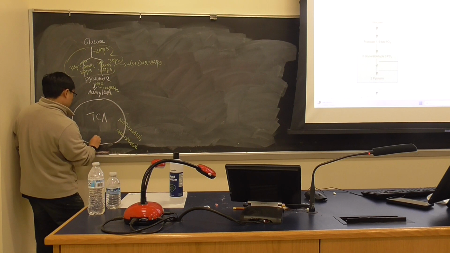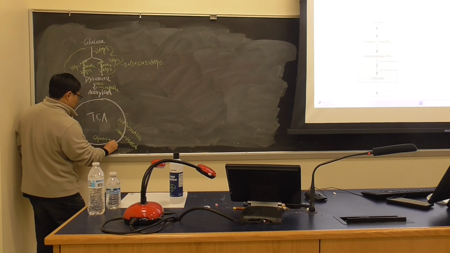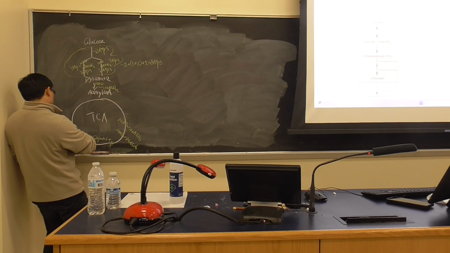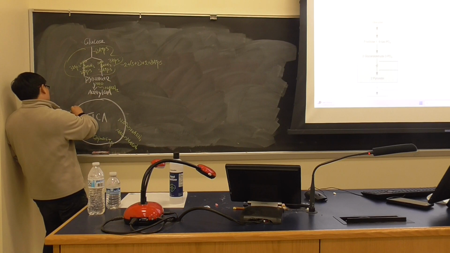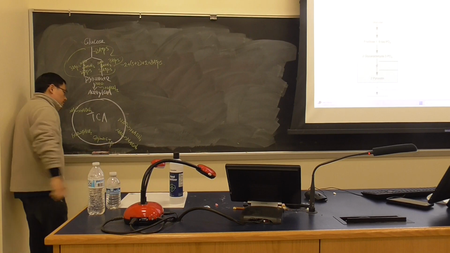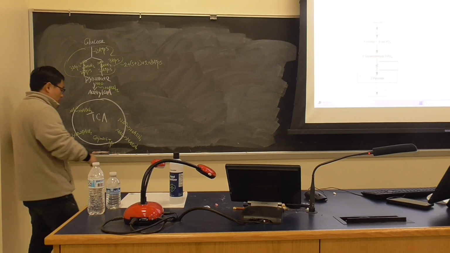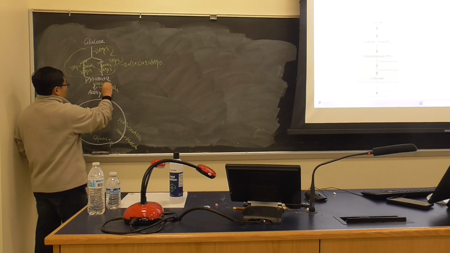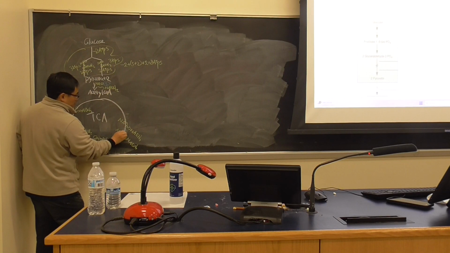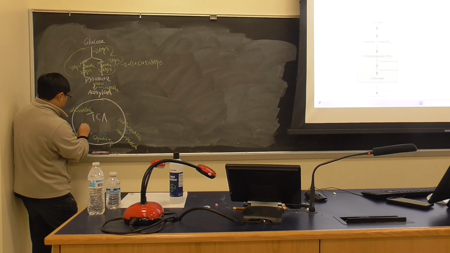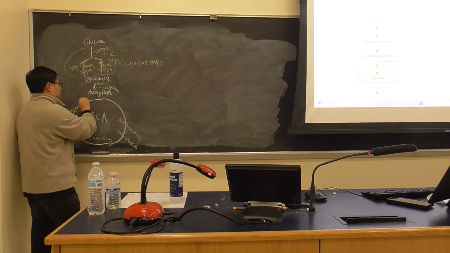There is GDP becoming GTP. There is FAD reduced to FADH2. There is a NAD reduced to NADH2. Okay, so how many ATPs right here? You see that's 3, that's 3, that's 1, that's 2, and that's 3.